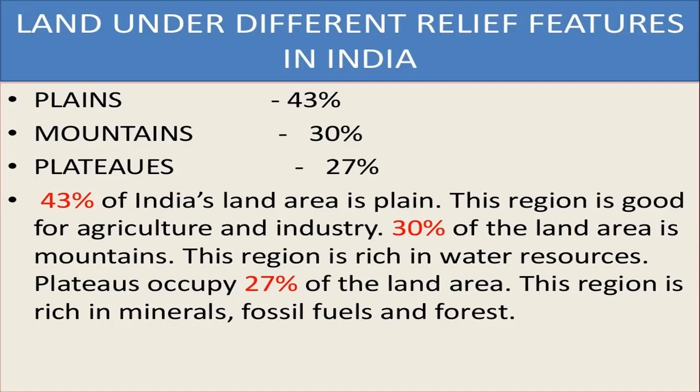And 27%, which is plateau region, possesses rich reserves of minerals, fossil fuels, and forests. So this is how Indian land is distributed and how different relief features give us advantages.